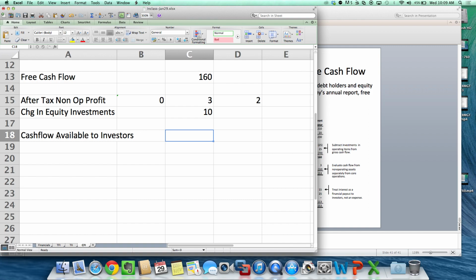So we increase our equity investments, we reduce the cash we can pay out. I have to subtract that number, the net of that number. So I can either subtract it or switch the sign if I want to add them together, but basically I'll sum these three together, and that is my cash flow available to my investors, 153. That's the same 153 that's right there.